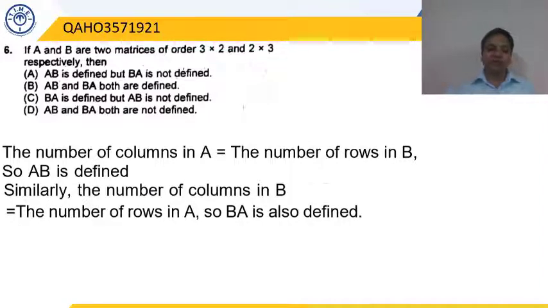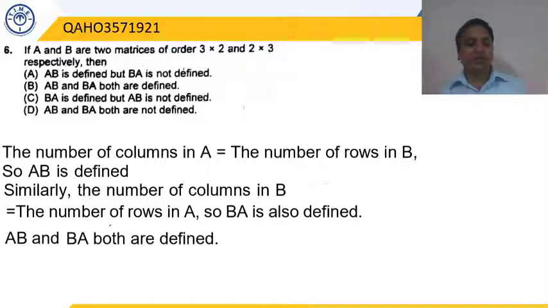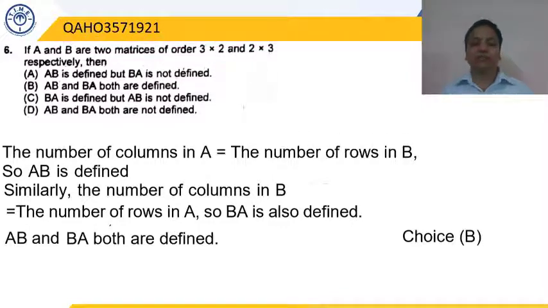Again, if you are doing BA, the number of columns in B is 3, which is equal to the number of rows in A, again 3. So BA is also defined. So we simply say AB and BA both are defined. Hence, our choice comes out to be choice B. That's our answer. I hope this is clear.